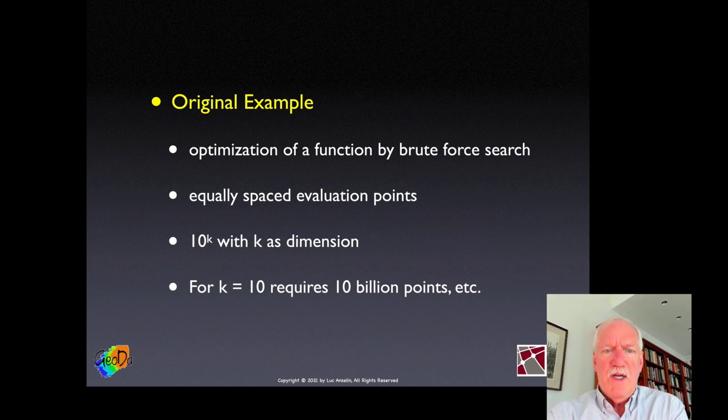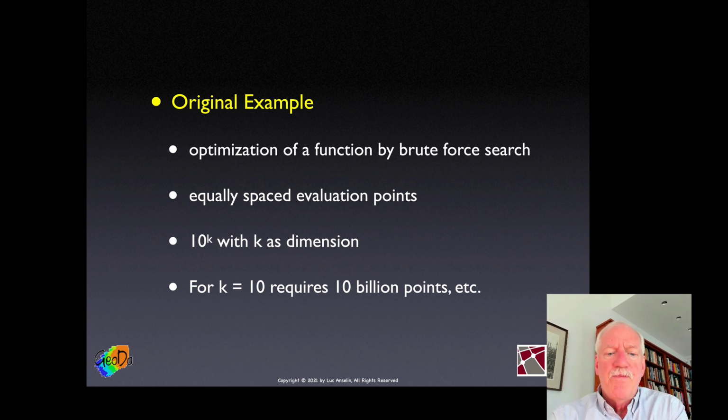So to make this concrete, consider the example of searching for the maximum of a function by brute force, basically by taking a bunch of evaluation points and then finding the one with the highest value and then possibly repeating that on a subsequent interval. Different search methods, like bisection search, are based on this approach, a shortcut to this approach, actually.